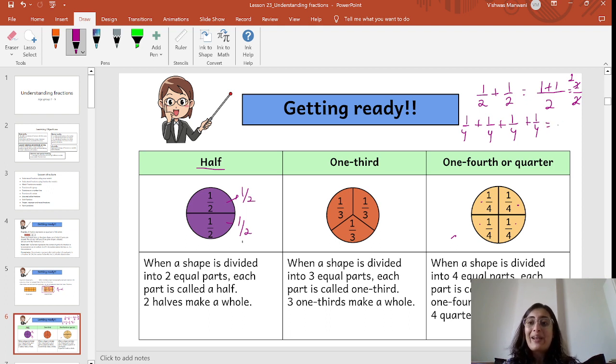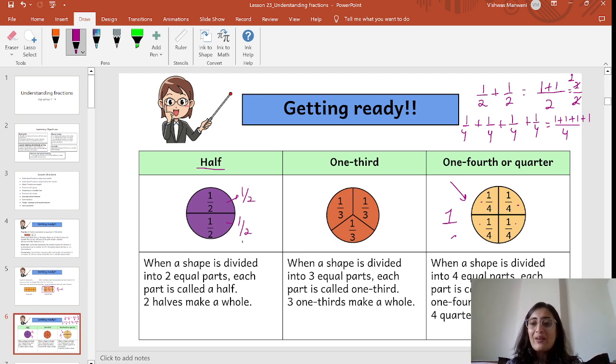I will get 1 again. Why? Because in the denominator it will be 4 and my numerator will become 1 plus 1 plus 1 plus 1, which is equal to 4 by 4. So this whole circle represents one circle and it is broken into four equal parts. That is why the fraction of each quadrant is 1 by 4.